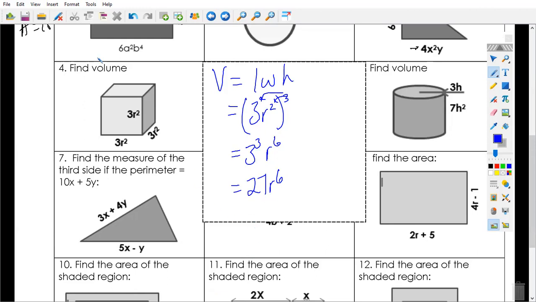Did we find the volume? Yeah. Volume equals 27 r to the 6. Are we catching on? Is it doable? Sure.